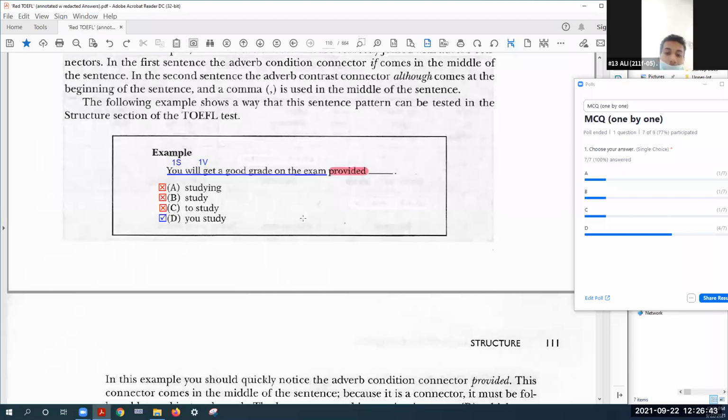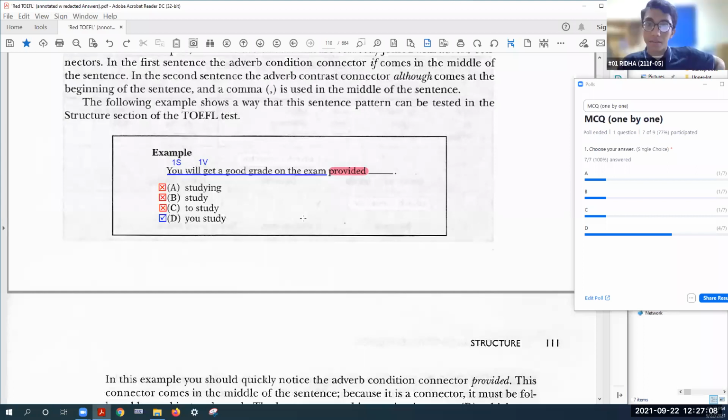Provided. You didn't know that, did you? Many of you thought that provided is just a verb. Guess what? Sometimes it is a connector. And in this example, it is a connector. Where is the dependent clause?